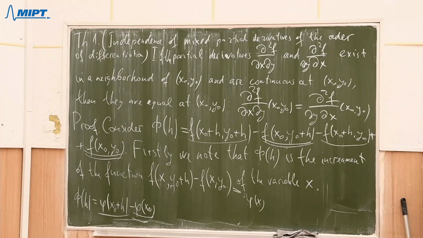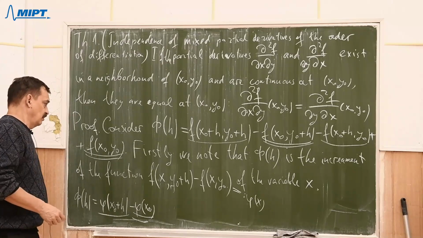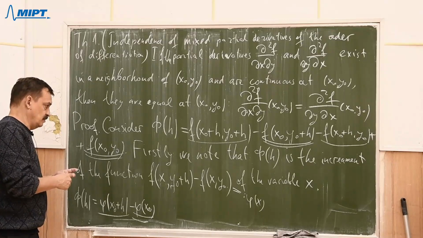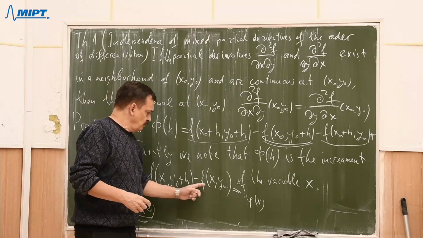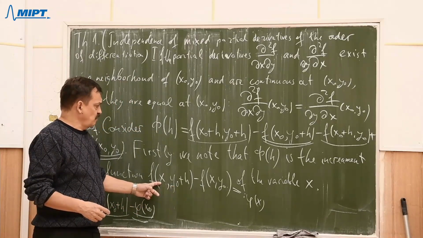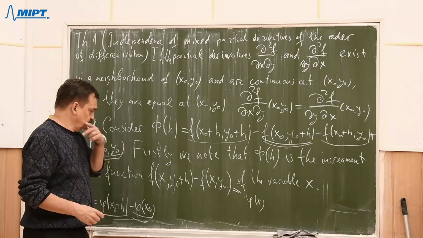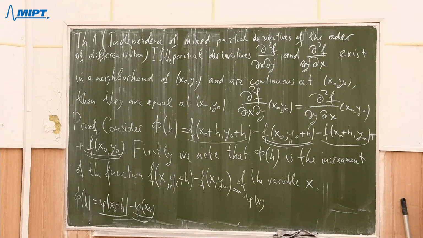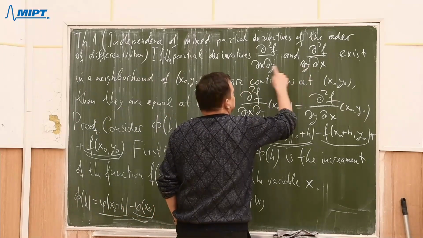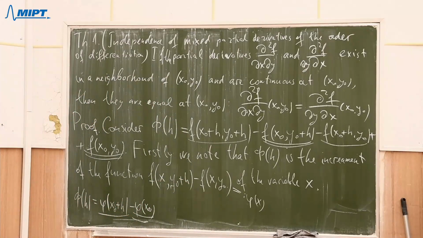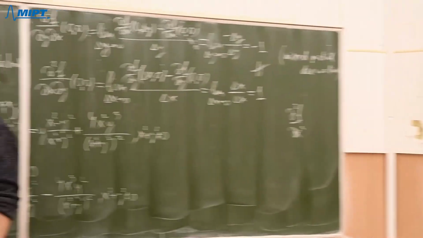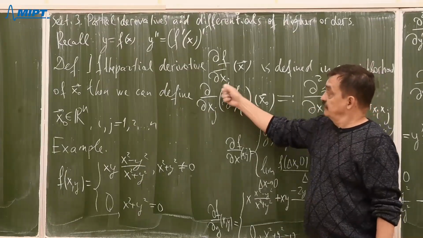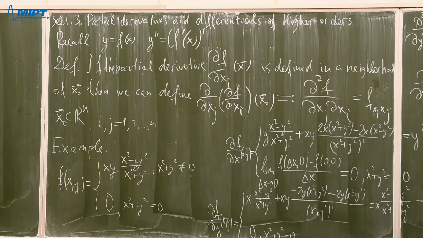Okay, then look what is written here. We know that both partial derivatives of the second order exist in a neighborhood, and it means, according to the definition of partial derivative of second order, that what is inside also exists in a neighborhood.